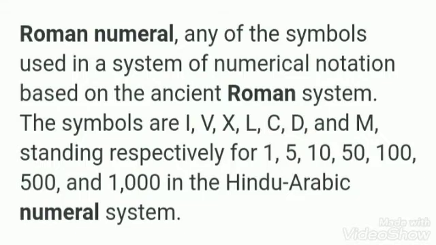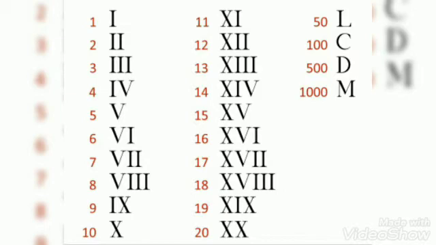Okay, now let's see over here. There is a chart showing which number in the Hindu-Arabic system stands for what symbol in the Roman numeral. Like you can see, 1 means I, 2 means II, 3 means III, 4 means IV, 5 means V, 6 means VI.